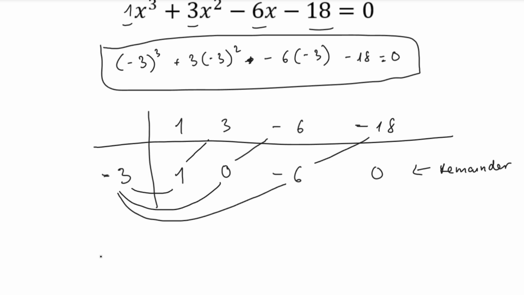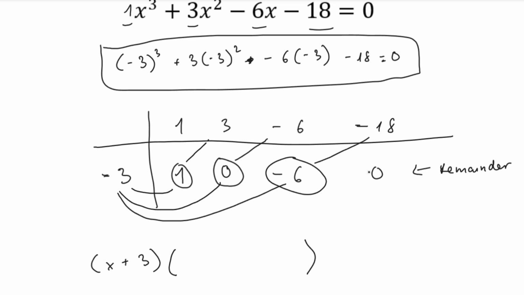So we're going to factor this. The first thing you know is that -3 is a solution of this equation, so of course x + 3 is a factor of this polynomial. Because this is x + 3, the next factor has to be quadratic. You know that 1, 0, -6 are the coefficients of the next factor.